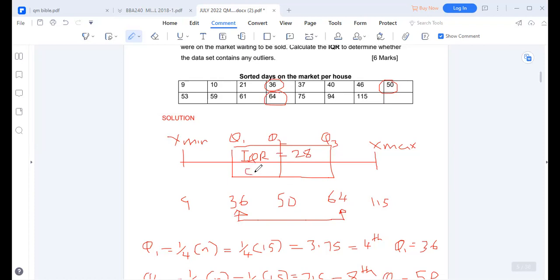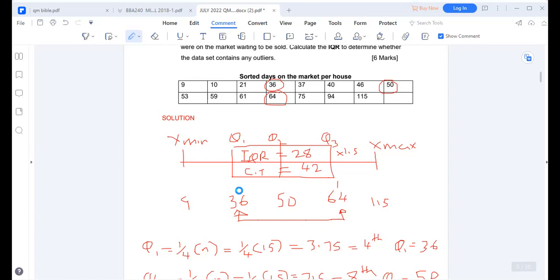In the correction term, we multiply that answer by 1.5. 1.5 is a standard figure. We're going to get 42. So this 42 you add here and you subtract here to find the extreme values.